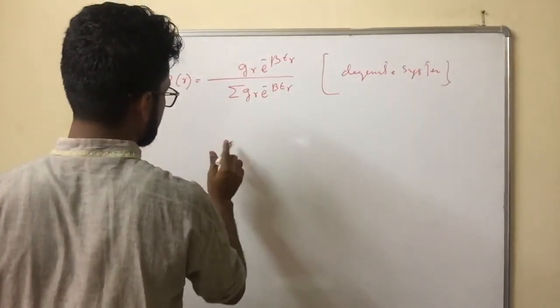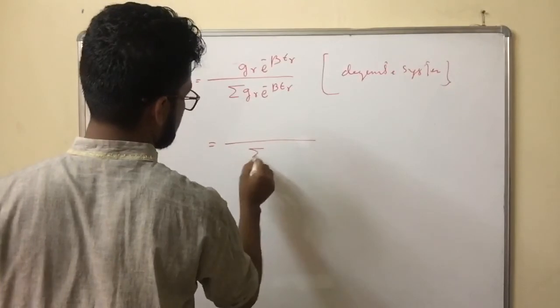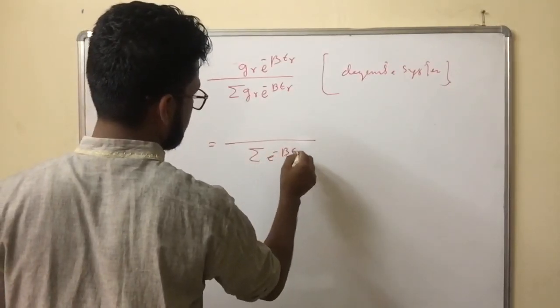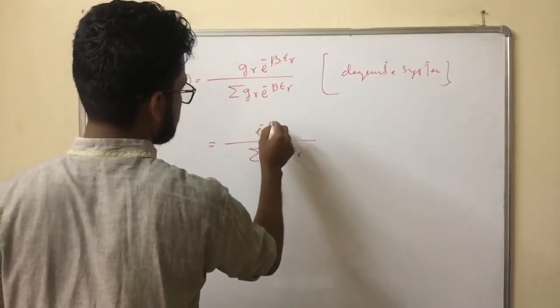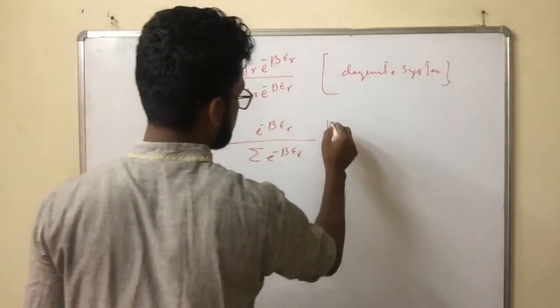This will equal e to the minus beta E_r for a non-degenerate system.